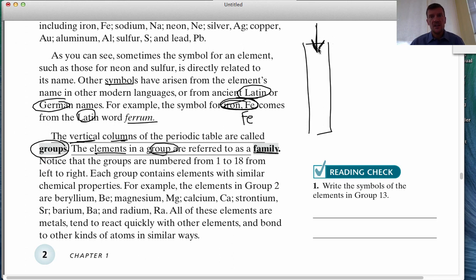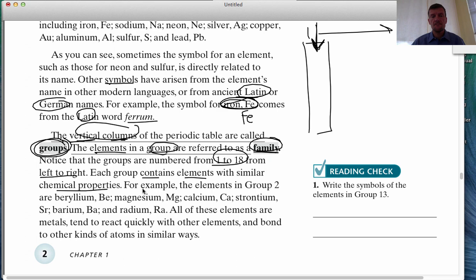All of the elements in a vertical column, group, or family are going to behave in a similar manner. We have 18 groups, numbered 1 to 18 from left to right, and each group contains elements with similar chemical properties, as I already mentioned.